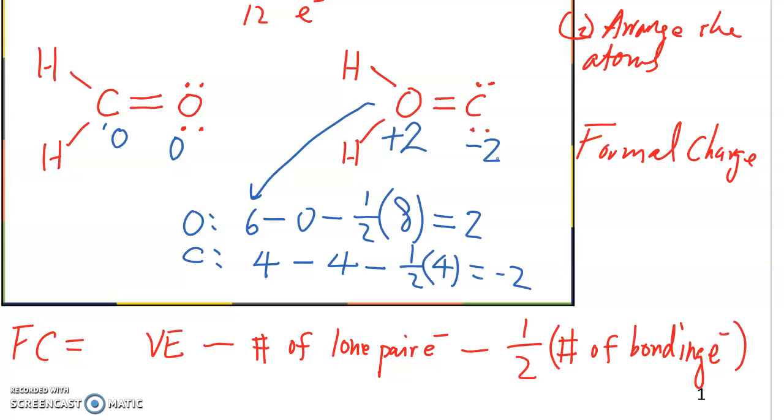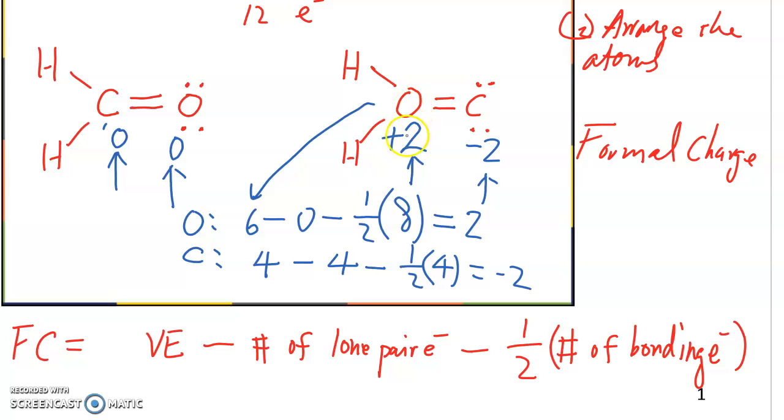Okay, now we know how to calculate the formal charge. How do we use that to determine which structure is more stable? Any number that is close to 0 will be more stable. Look at over here. It is 0, 0, so it is very stable. Look at over here. It is positive 2 and negative 2. That is not stable.